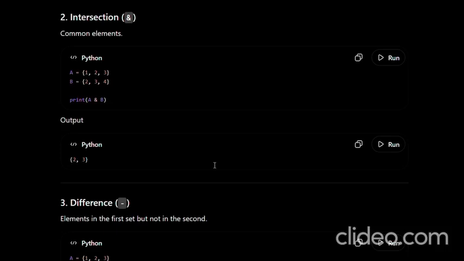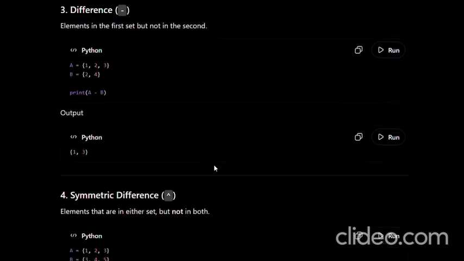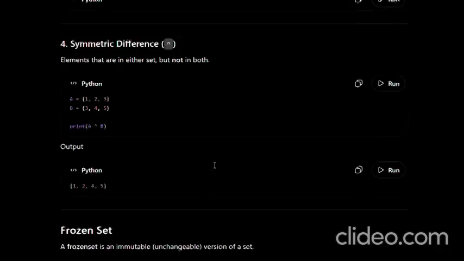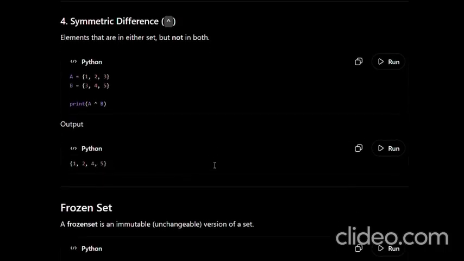Then the third operation is difference. It returns the elements in the first set but not in the second one. If we have two sets A and B, A has 1 to 3, B has 2 and 4. So 2 is present in the second one, but 1 and 3 are not present. So that should be the answer if we use the difference operation here, A minus B. Another operation is symmetric difference.